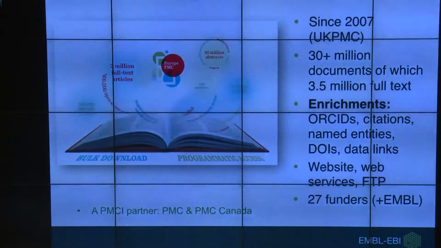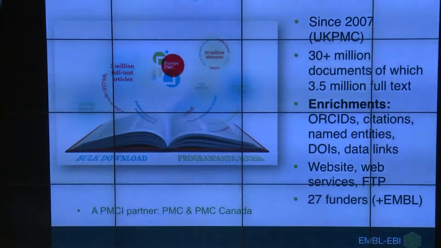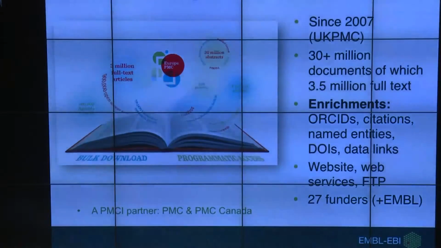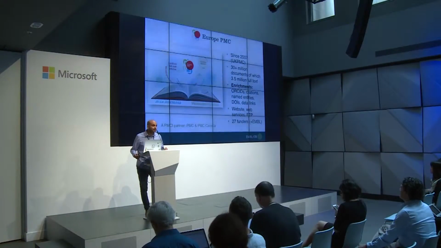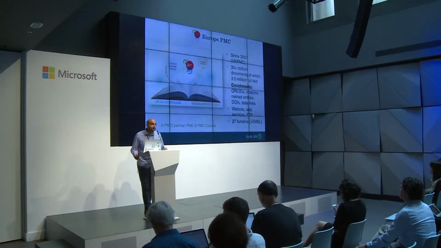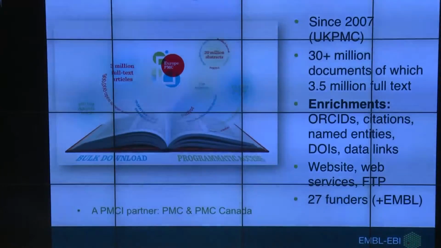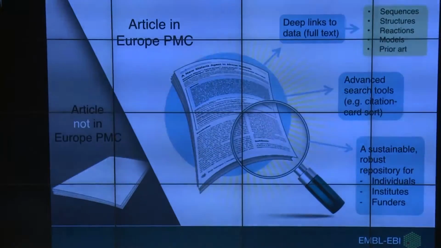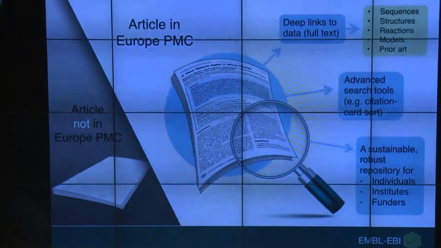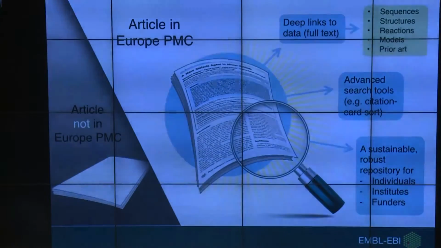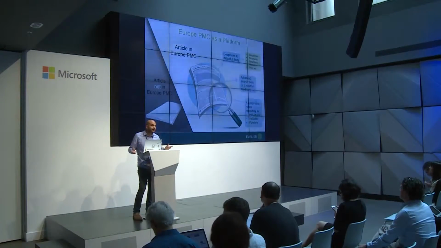The data in Europe PMC can be searched by citations, named entities, data links, and also by section-level searches. And the data can also be accessed programmatically and is also available as bulk data. Having said that, Europe PMC is not just a database, it's more of an interactive platform.